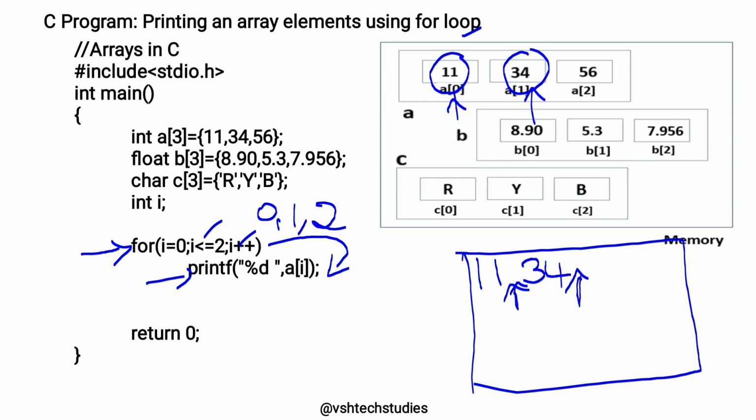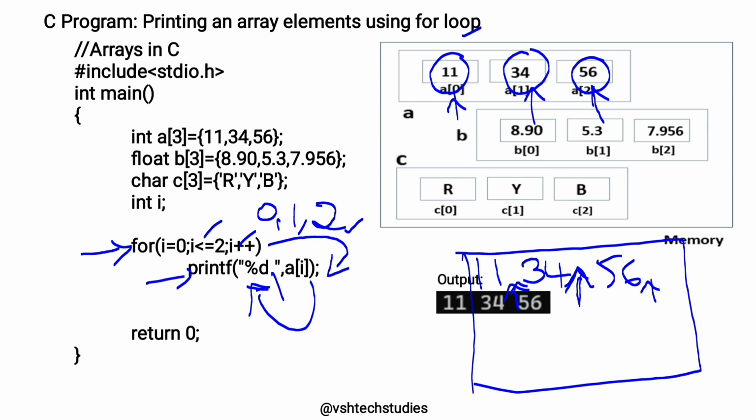The cursor was left here, after this space, and the integer value from a of i, that is a of 2, memory location is here, its content is 56. So 56 will be printed, then a space has to be left, so this space is left here. Hence on the monitor we have 11 space 34 space 56, and after 56 a space is left.